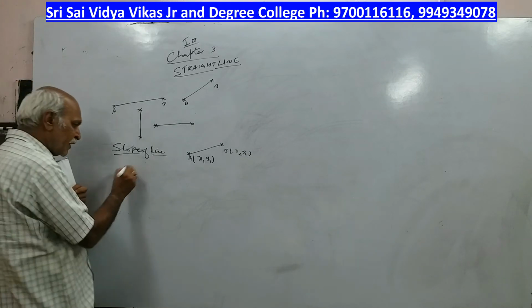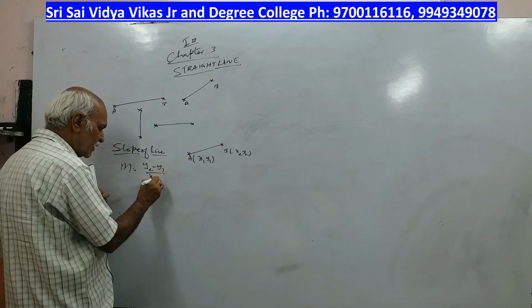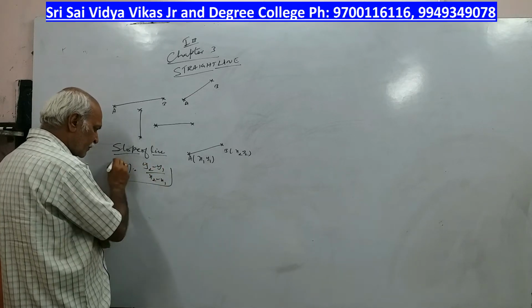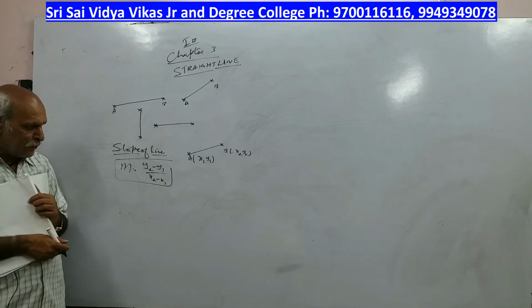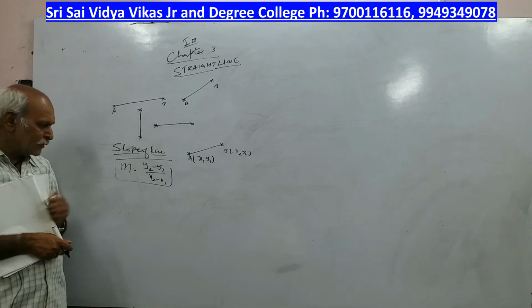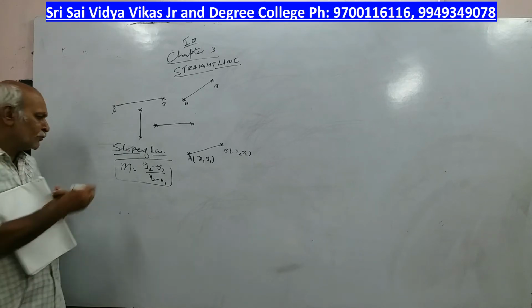The slope is defined as m is equal to y2 minus y1 by x2 minus x1. Very, very important, first formula.